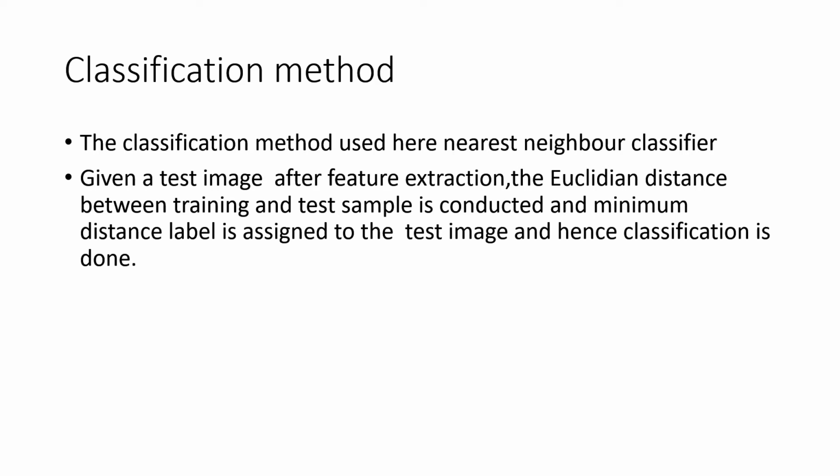Given a test image, after feature extraction we will get a d-dimensional vector. We have to calculate the Euclidean distance between all the training image feature vectors and the test sample feature vector, and the minimum distance label is assigned to the test image, and hence the classification is done.